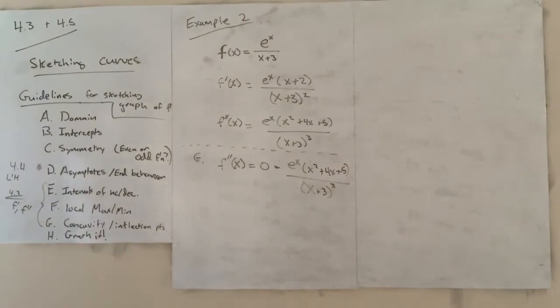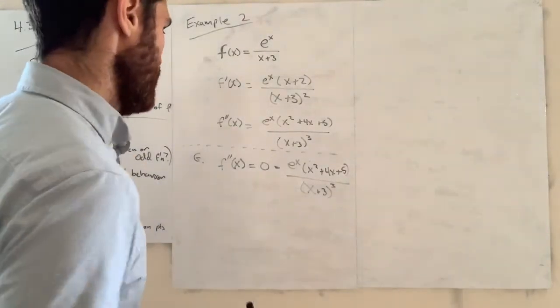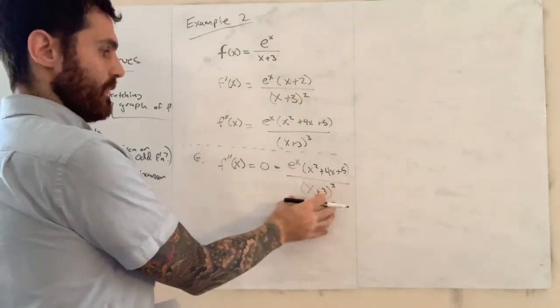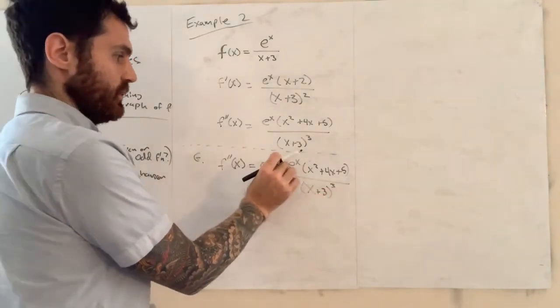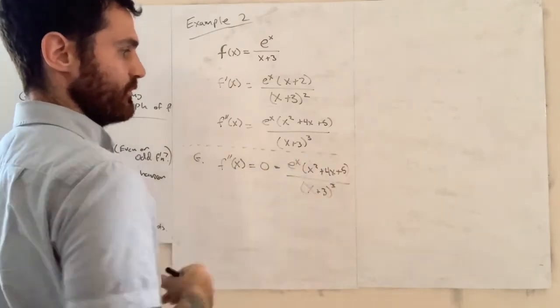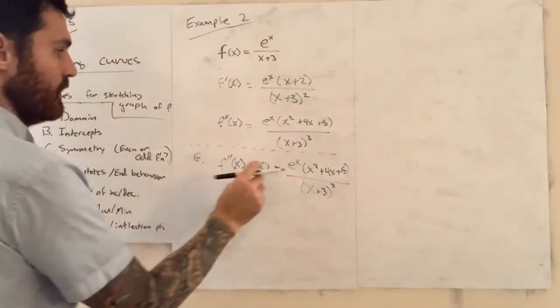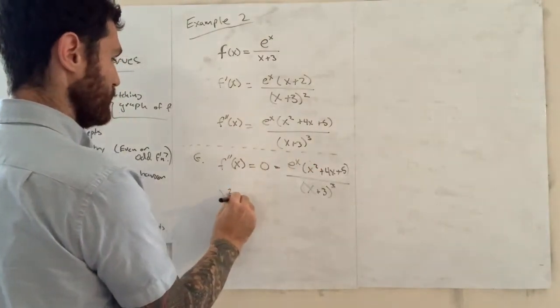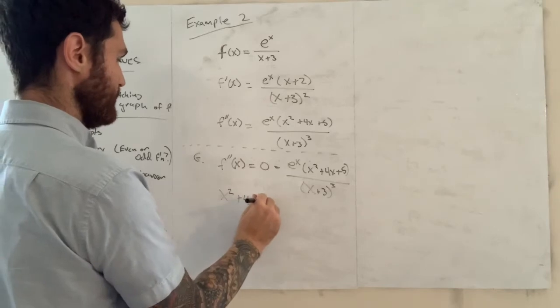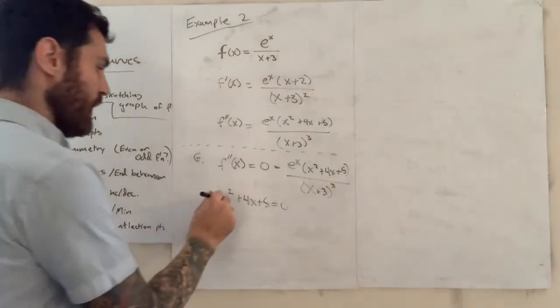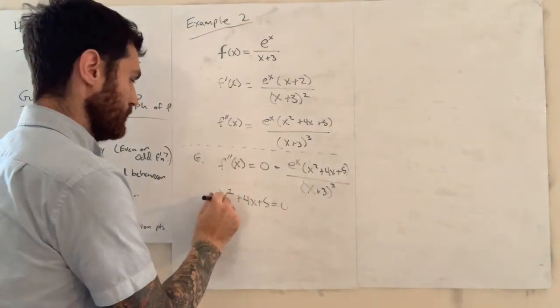Okay, so when is it equal to 0? Well, again, denominator doesn't do anything. It's going to be equal to 0 when e to the x or x squared plus 4x plus 5 is equal to 0. E to the x is never equal to 0. So x squared plus 4x plus 5 has to be equal to 0. All right, when is this equal to 0?